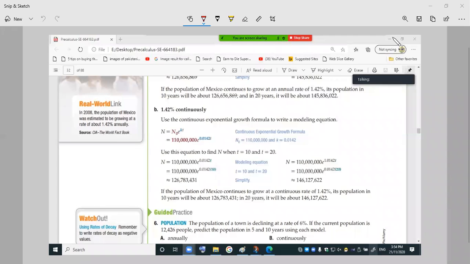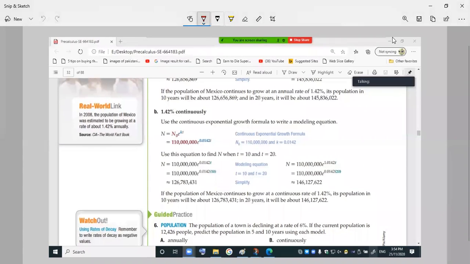So in continuously growing, the formula will be changed because it is given continuously. So the formula will be N equals N0 times e raised to power kt. So for 10 years, k is the same that we are using for r.